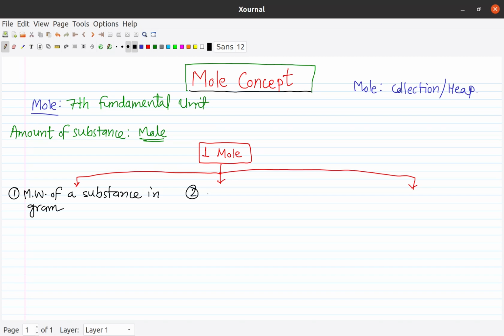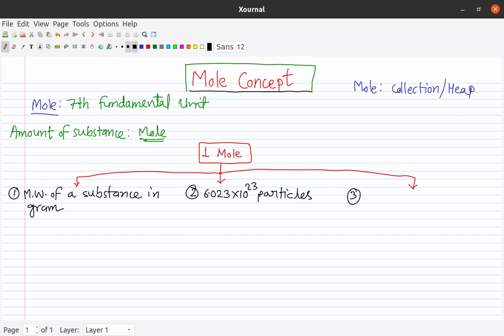The second concept says that 6.023 into 10 raised to the power 23 particles of a substance will form its 1 mole. It can be anything: 6.023 into 10 raised to the power 23 chairs will be 1 mole of chairs, 6.023 into 10 raised to the power 23 dollars will be 1 mole of dollars, 6.023 into 10 raised to the power 23 protons will be 1 mole of protons. So anything it can be.